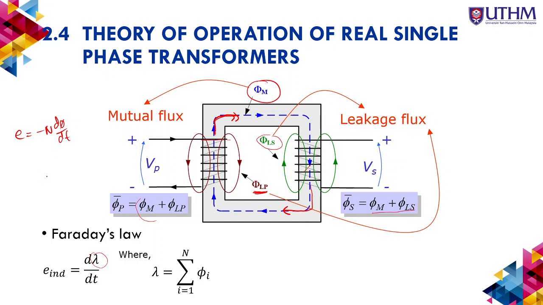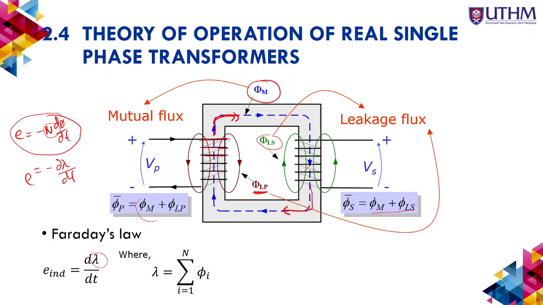So for the real situation, there will be only dλ like this. So this is Faraday's law. Actually this part, they assume that all windings, each line here, will produce the same flux.